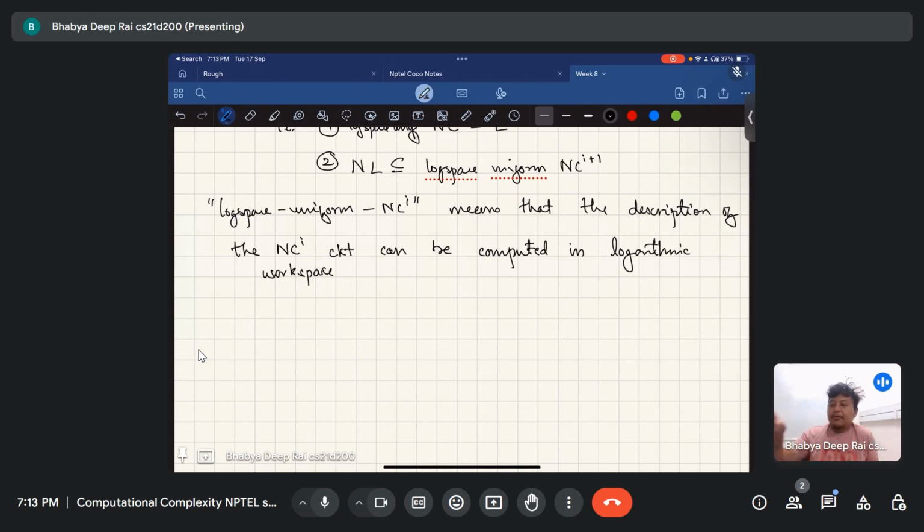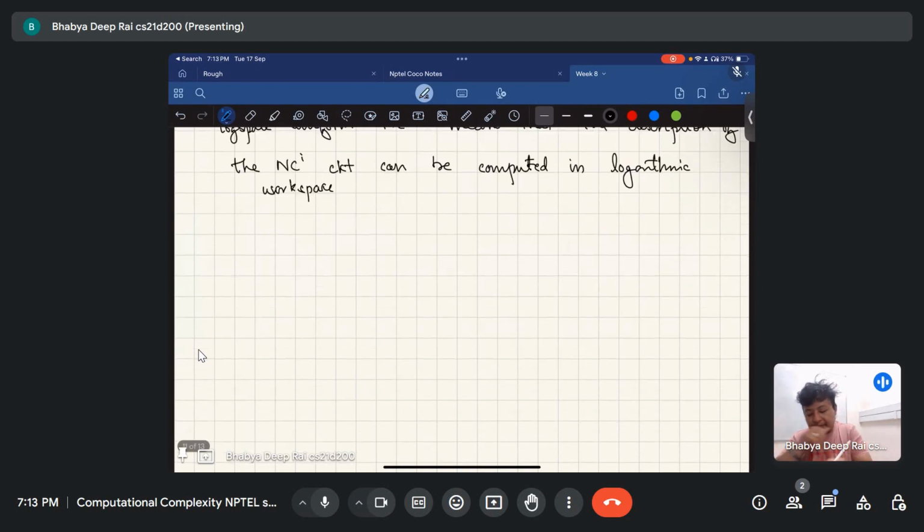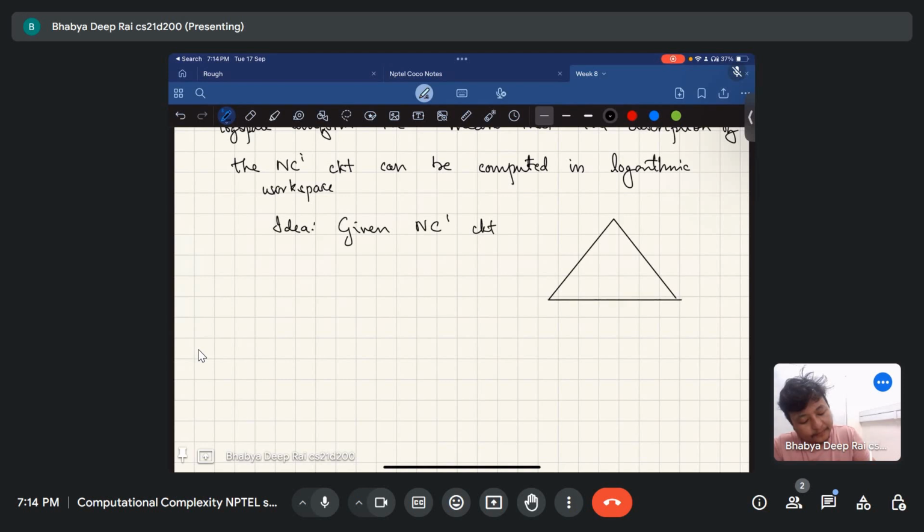Now, how do you do it? Now the idea is here. Given an NC1 circuit, so I have a circuit C, and this is of log depth.